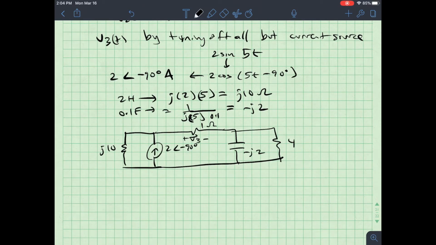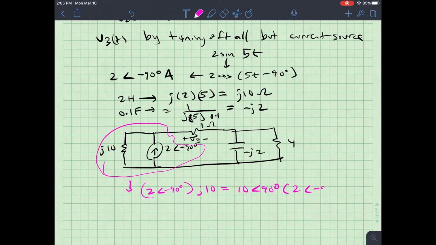I'd like to use a source transform, so I'd like to convert this to a voltage source with series resistor, so 2 angle negative 90 degrees multiplied by J10, which is equal to 10 angle 90 degrees times 2 angle minus 90 degrees. This is equal to 20.